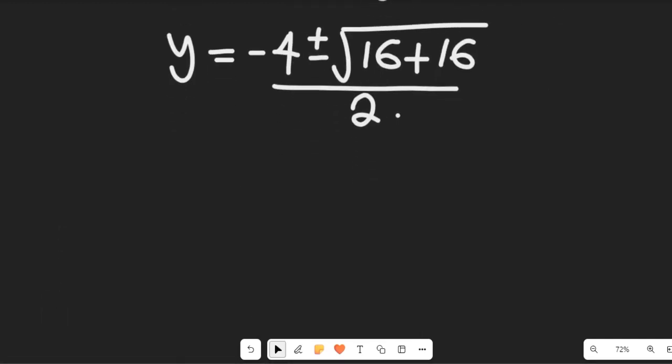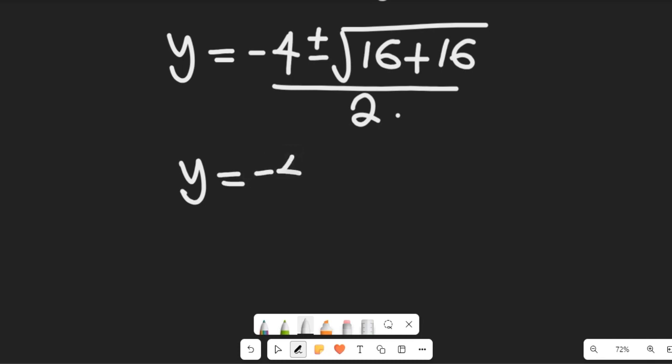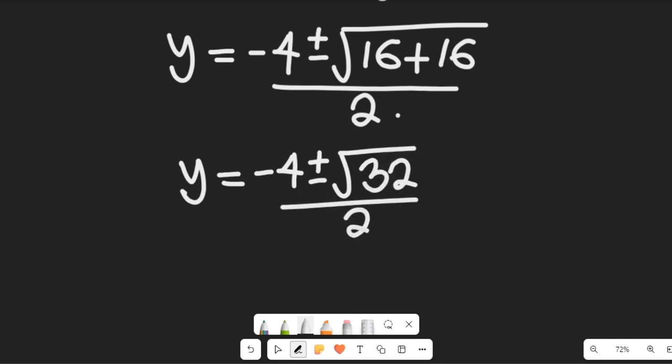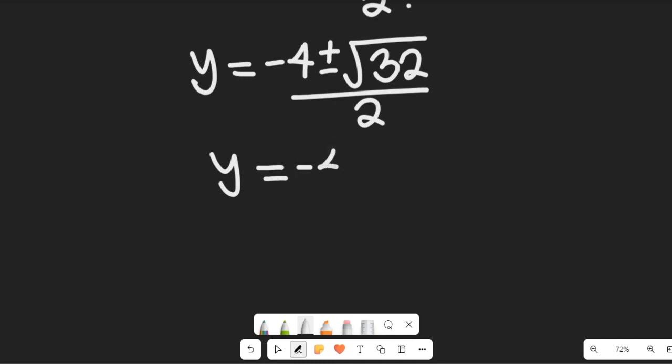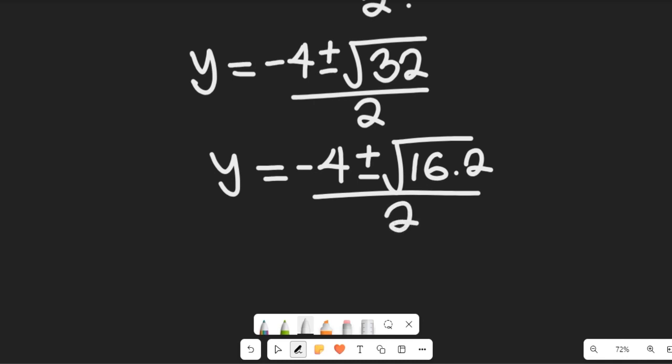Great. Now what do we have from here? We're going to have y equal to negative 4 plus or minus the square root of 32, because 16 plus 16 gives us 32, divided by 2. The value of y will be equal to negative 4 plus or minus the square root of 16 multiplied by 2, divided by 2.